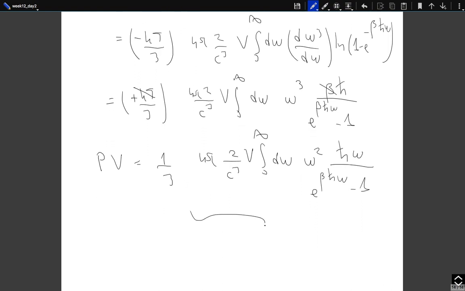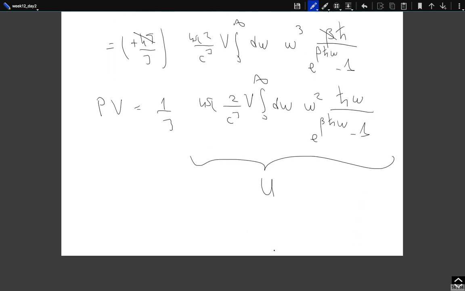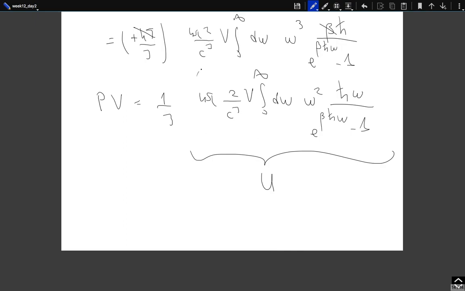But you see, this term over here is nothing but U, the total energy of my system. So all these factors with the integration, this is my sum over states. This is the energy of the mode with frequency omega, and this number is the number of photons in that state.